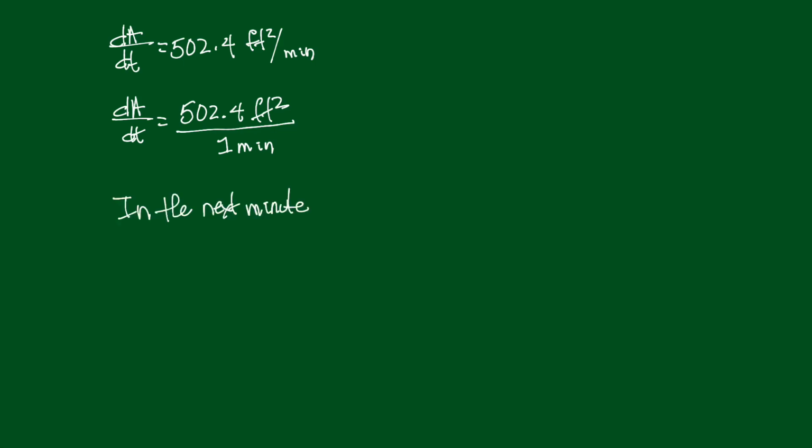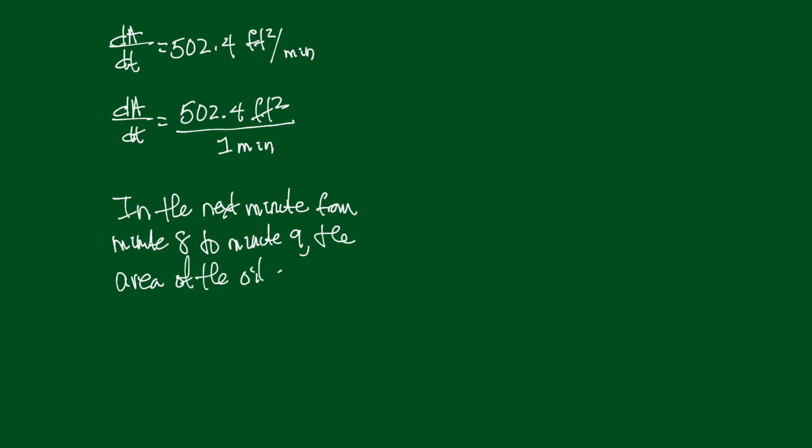So here's how I'm going to interpret this. I'm going to say in the next minute, where did we start at 8? From minute 8 to minute 9, the area of the oil slick, I'm going to go back to the original. I don't want to just write circle, although I could, but let's put it in context of the problem.